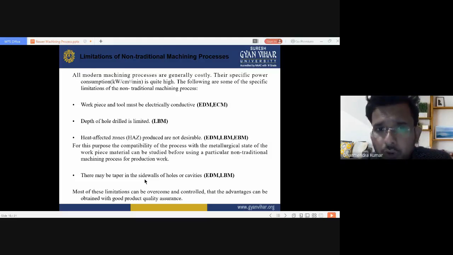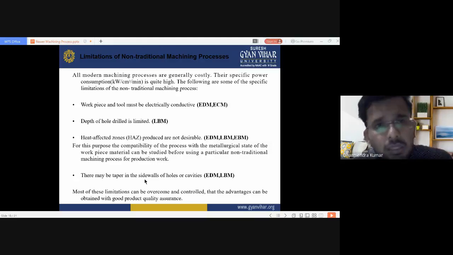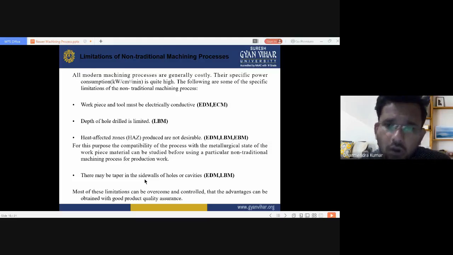The depth of the hole drilled is limited, because the setup is limited in some types of machining, like laser beam machining. Particularly in laser beam machining, we machine very small or very precious components. In non-traditional machining, the heat affected zones produced are not desirable.